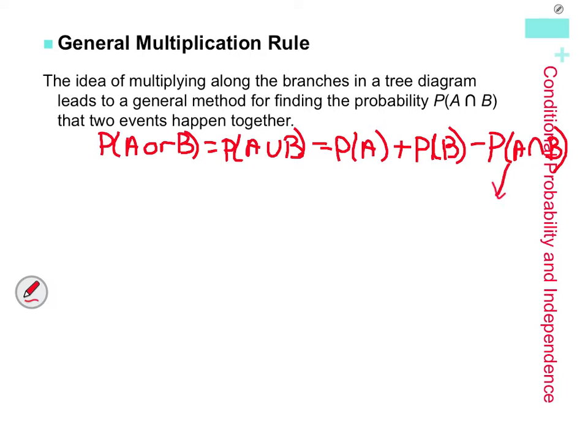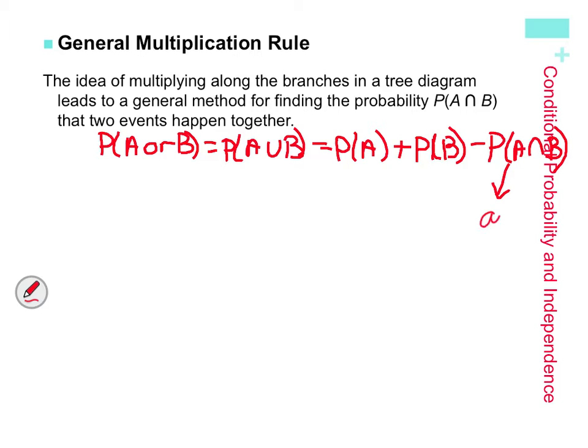But the problem is, how do we always find this? It is very easy to find when you have a Venn diagram or a two-way table, but you may not always have these things. So how do you find it?